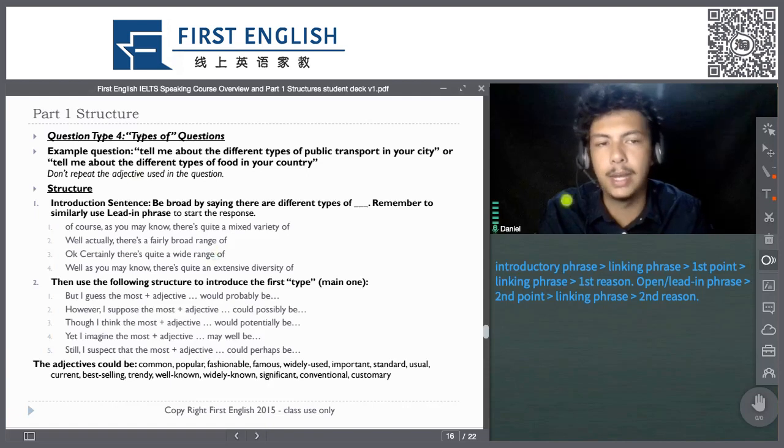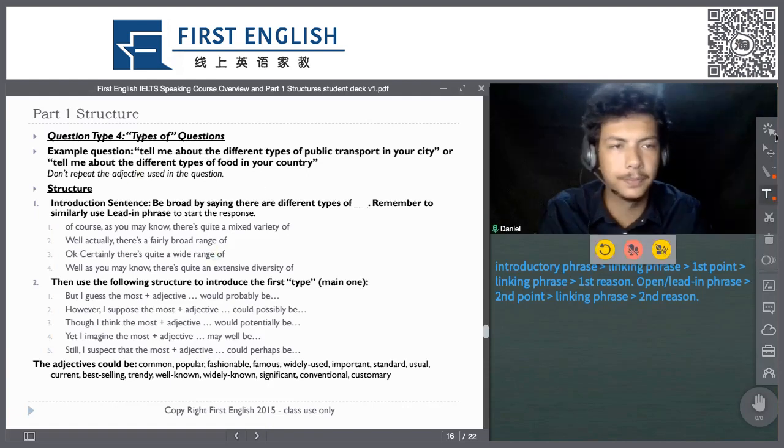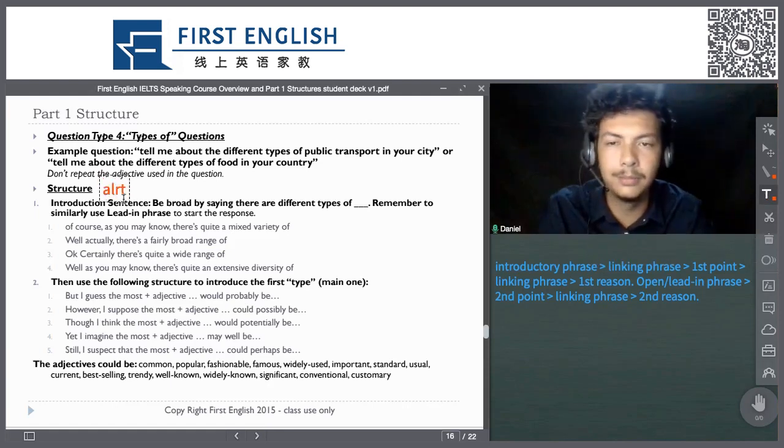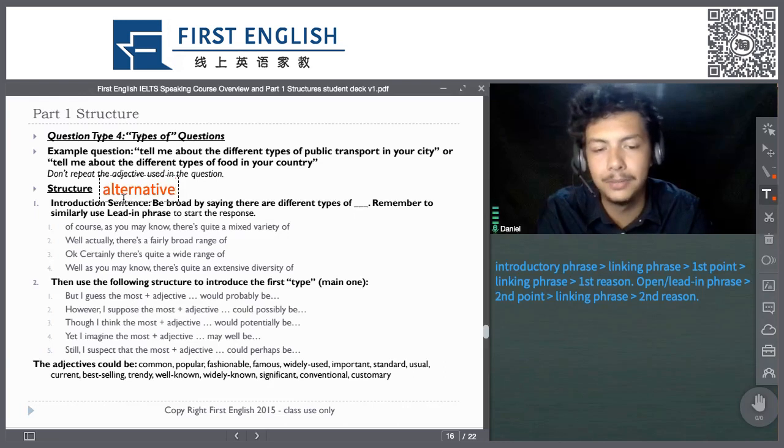So we could say things like, let me write them out here. Some alternative or synonyms to different would be alternative, right? Alternative types of public transportation, alternative types of food. Differing. I mean, it sounds like different, but it is a different word. Differing, contrasting.